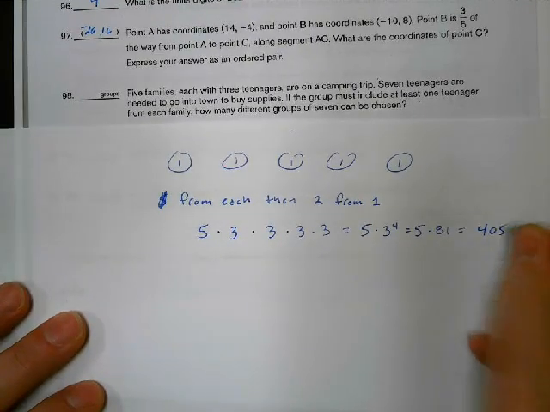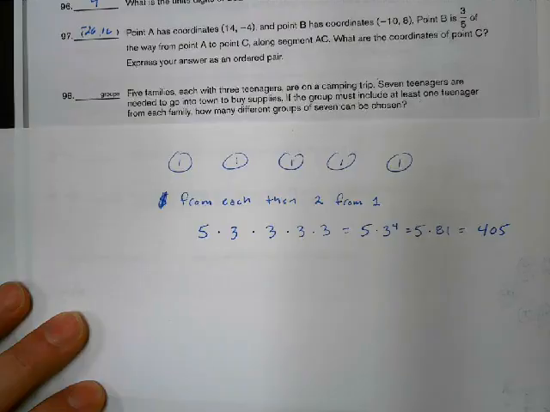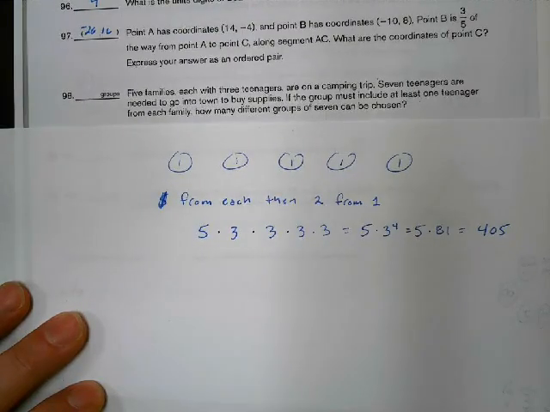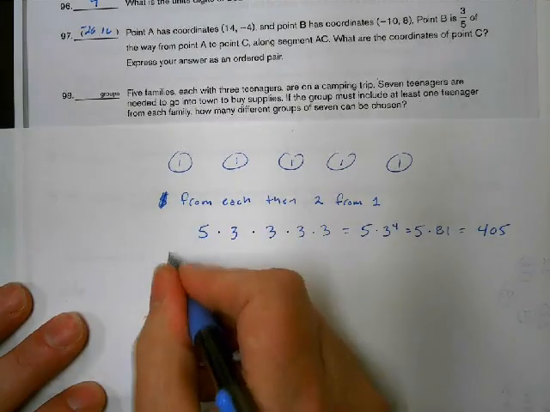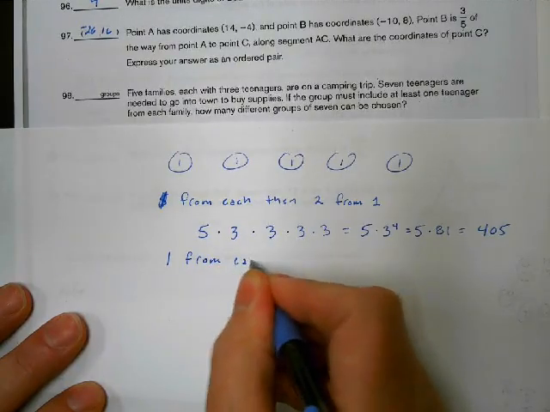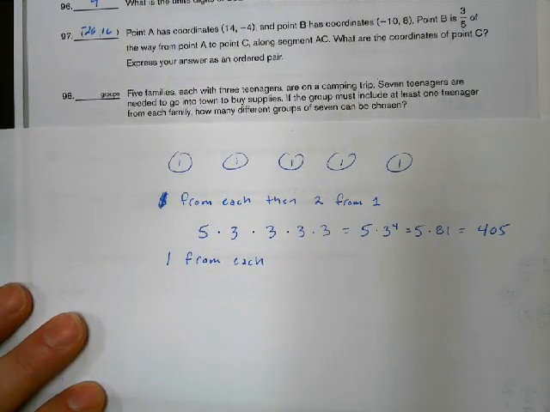So there are 405 ways to pick all of one family and then 1 kid from the other families. The other way to do this is we can do 1 from each family, and then we've got 2 kids left over, and we can do 1 from one family and 1 from another. So 2 from 2 different families.